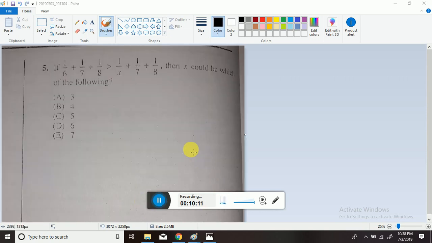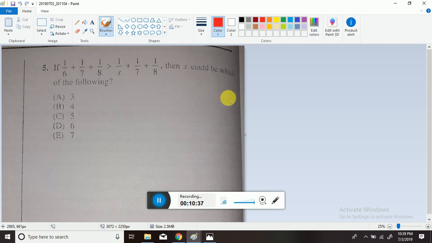So our next problem is question number 5. If 1/6 plus 1/7 plus 1/8 is greater than 1/x plus 1/7 plus 1/8, then x could be which of the following? We have to find the value of x. Now see here, first of all, it is very clear that there is no equality sign, so we need to be very careful.